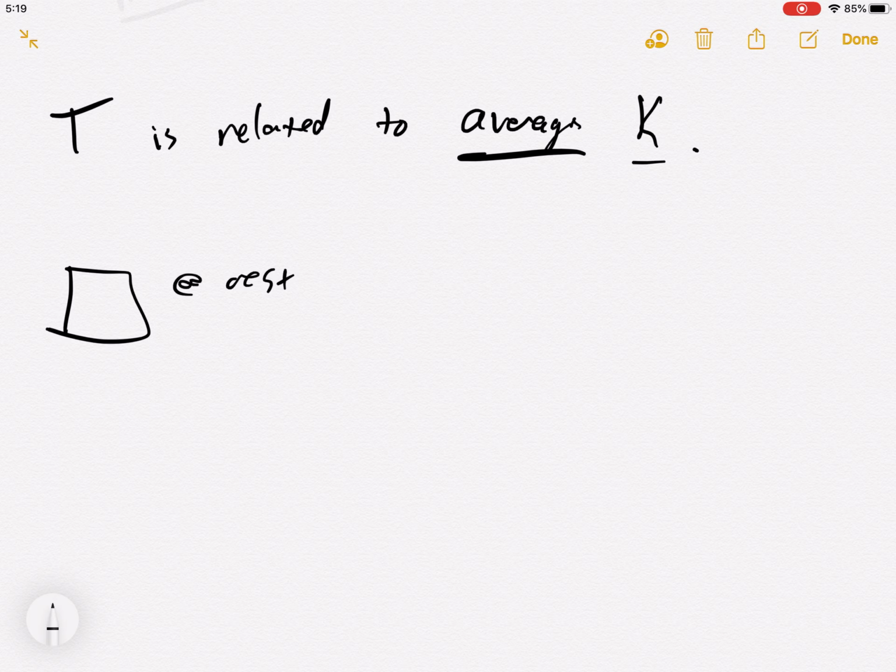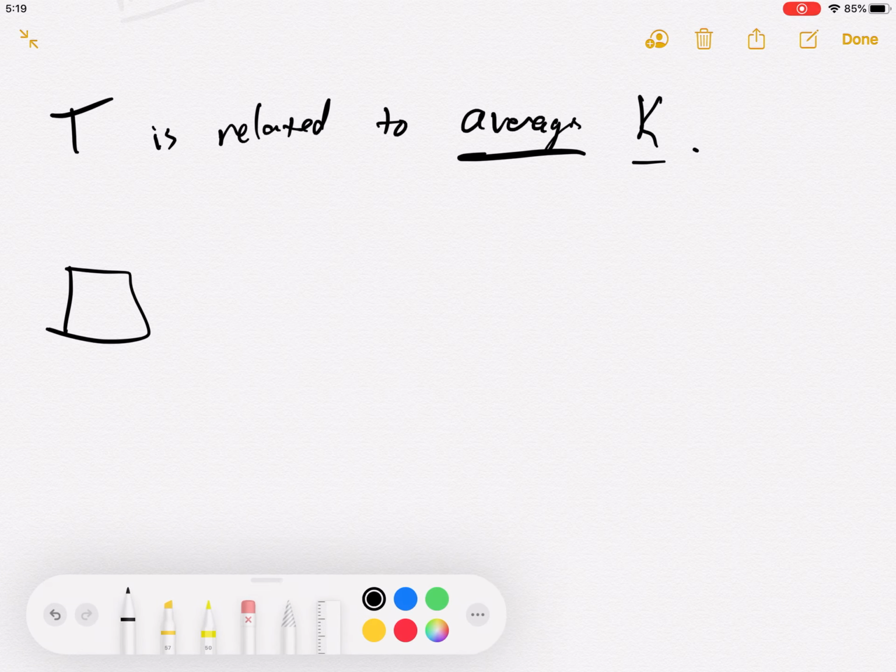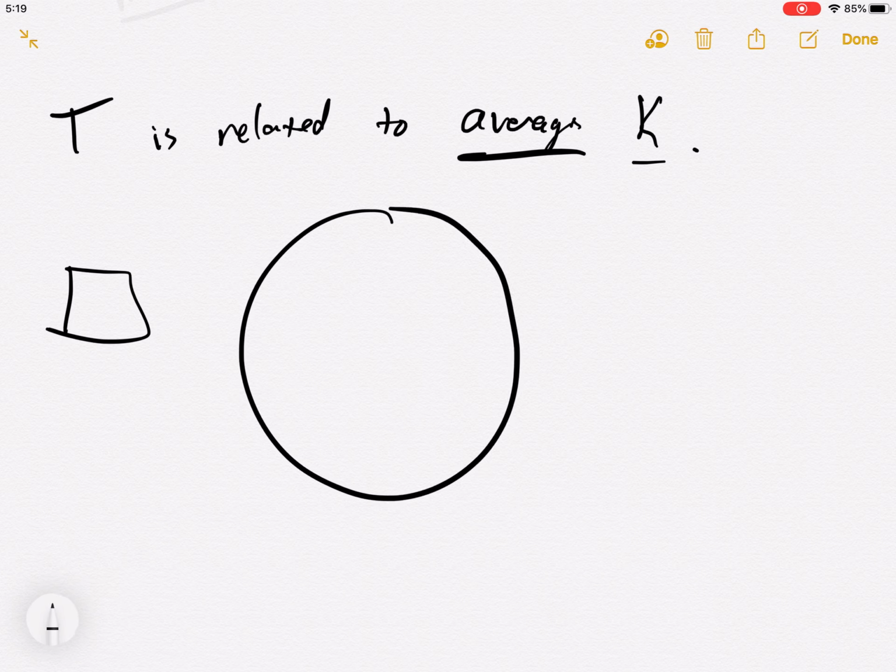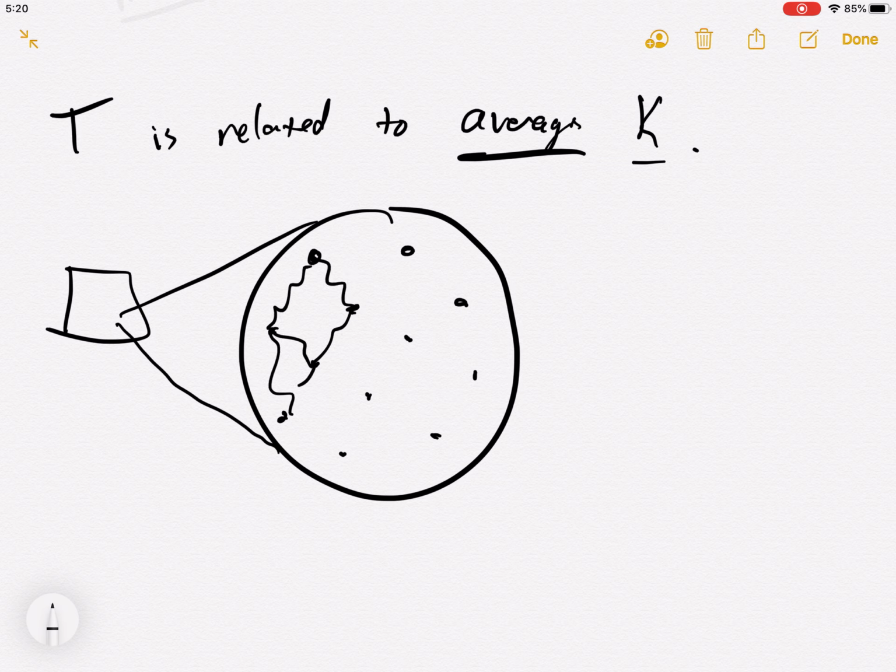What's the temperature of that object? Well, it's not related to the net velocity of this thing, but if you zoom in, this object is made of atoms that are all connected by some kind of atomic bond. We sometimes model those as springs. So all of these atoms are connected by a bond that we can model like a spring.